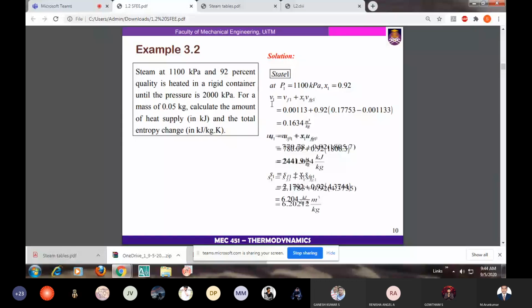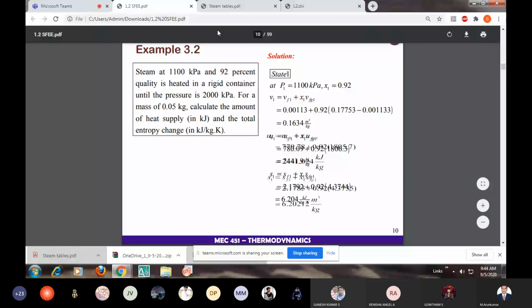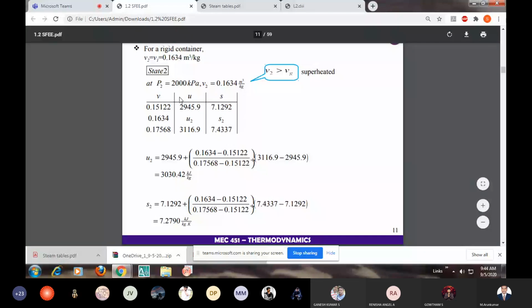If these three values are available in the steam table, we can directly take them from the steam table. If these properties are not available, then we have to find these values by using formulas, right? So we can find V1, U1, then S1. Then we can find V2, U2, and S2.